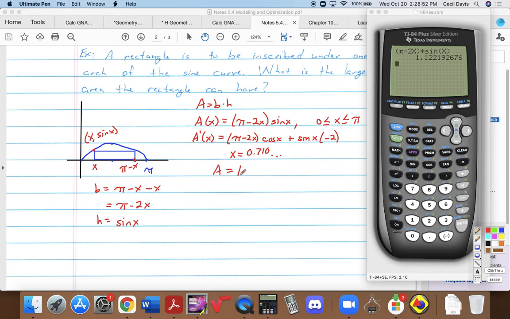So the area is 1.122. By the way, a favorite on the AP exam is ones where you have an upper curve and a lower curve, so you have to subtract to find the height. The upper one minus the lower one.